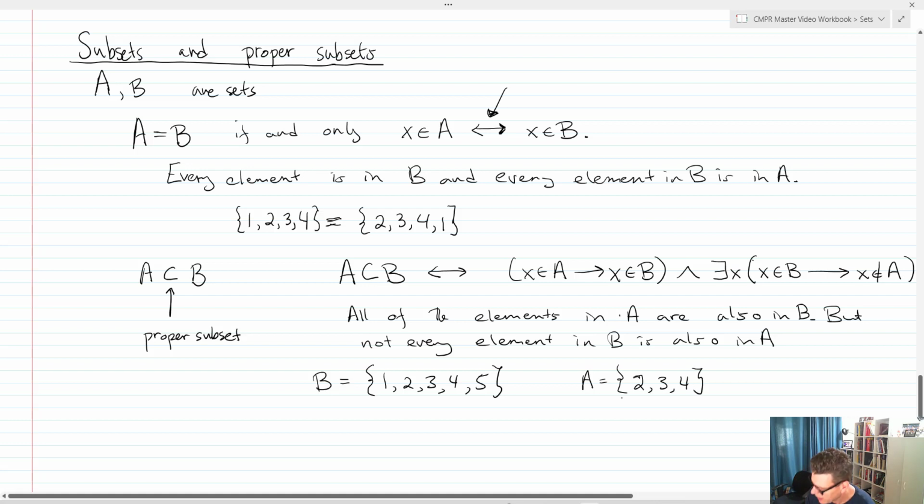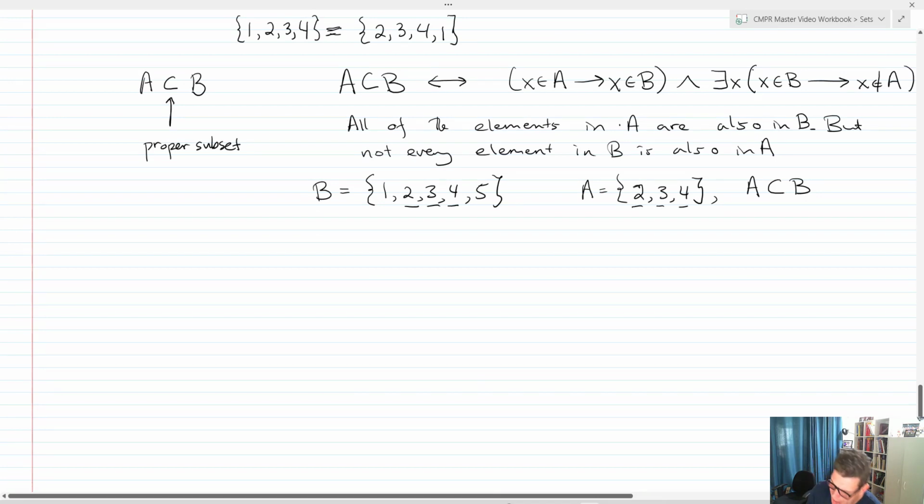We notice that the elements 2, 3, 4 are in B, okay? But then B also has 1 and 5, and so what we can say here is A is a proper subset of B. That is, basically it's like A is contained within B.